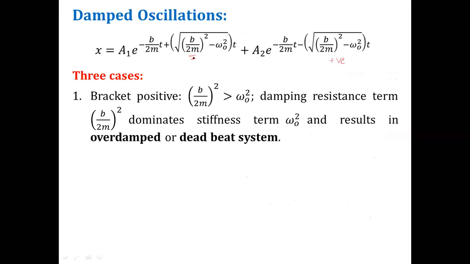This will be positive and this will also be positive, right? Remember, you have e raised to power minus b upon 2m t, and then you are adding something which is less than b upon 2m. If you take the square root of b upon 2m whole square minus omega naught square, this is always going to be less than b upon 2m.